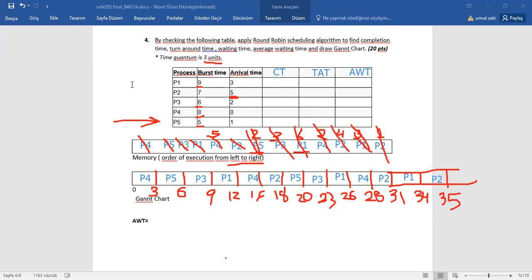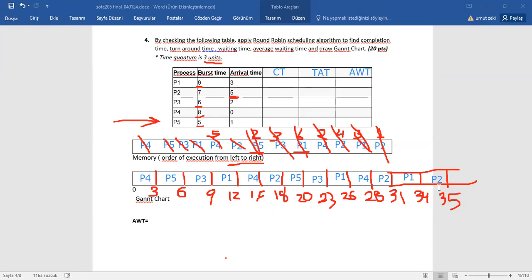Completion time is the completion time of each algorithm. So for the completion time, because each process is appearing more than once, I am advising you to start from the end and find the first appearance of each process from the right side.